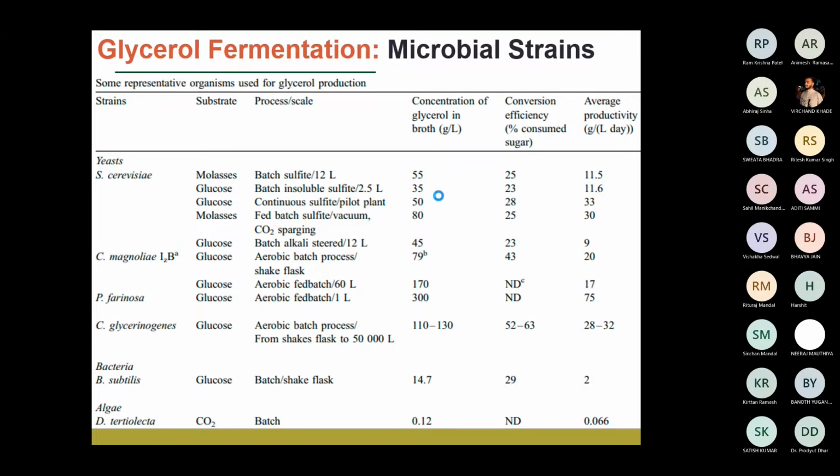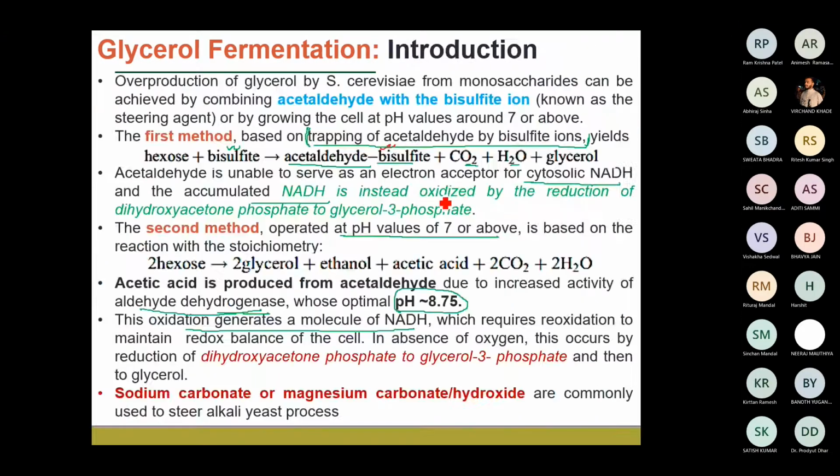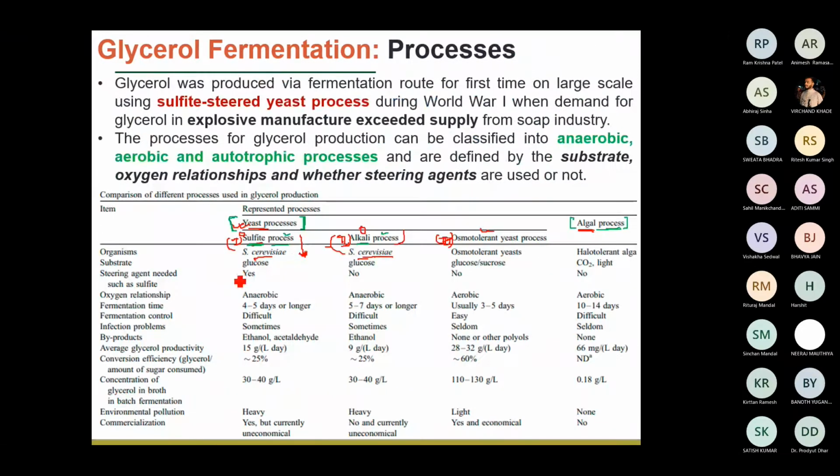Generally, these chemical additives, which are used to drive the backward and forward reactions, are called steering agents, like sulfite. Steering agents are required, for example, to tune the pathways.